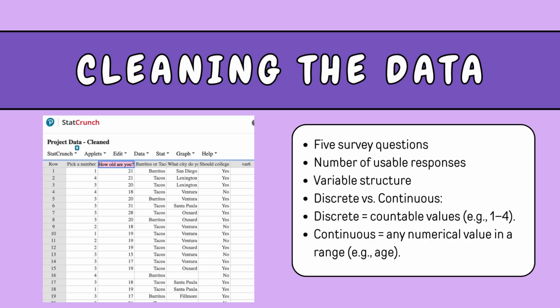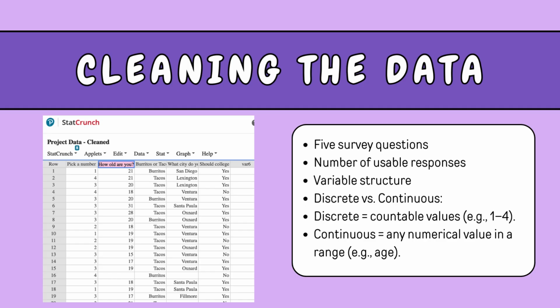In cleaning the data, when we first opened up all of it, we had to go through the data and make sure that everything was, for one, spelled correctly, because if it wasn't spelled correctly, then it was counted as 2 different things.